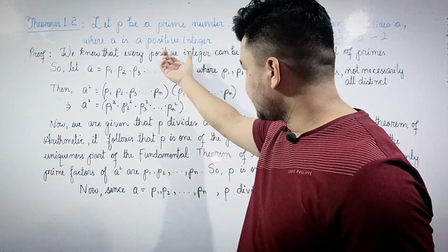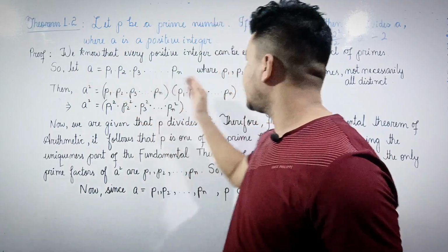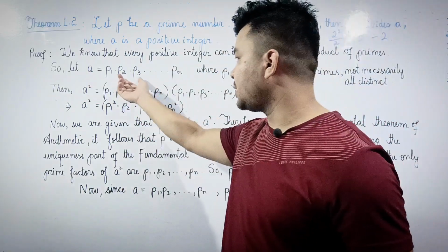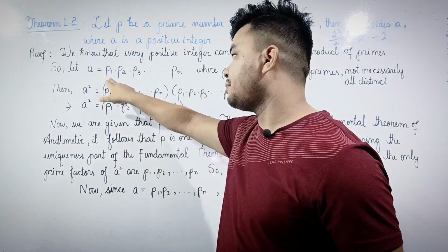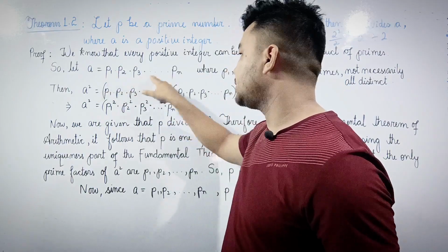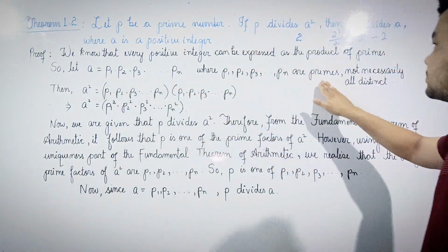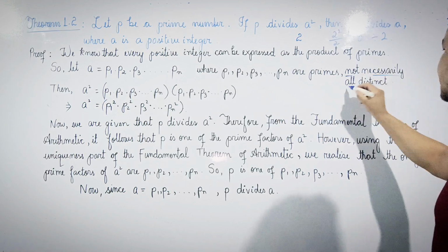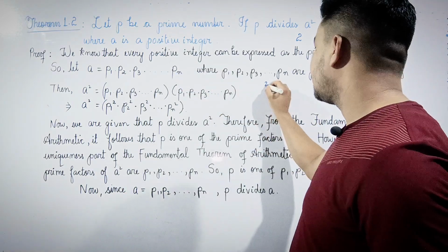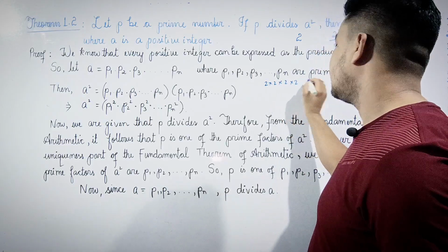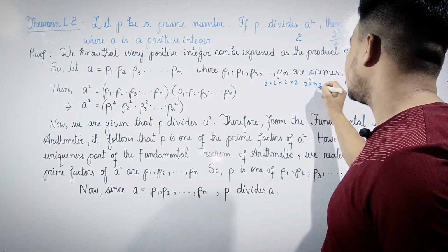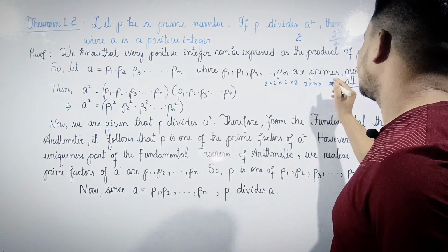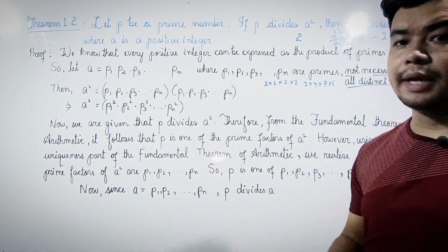Here we are considering the positive integer A expressed as the product of primes P1, P2, P3, ..., Pn, which are all primes, not necessarily all distinct. This means that this can be 2 into 2 into 2 into 2 or something like it, 2 into 7 into 5, something like that.